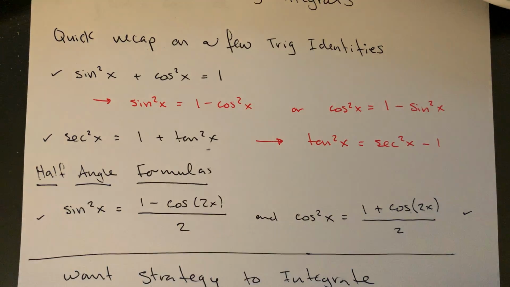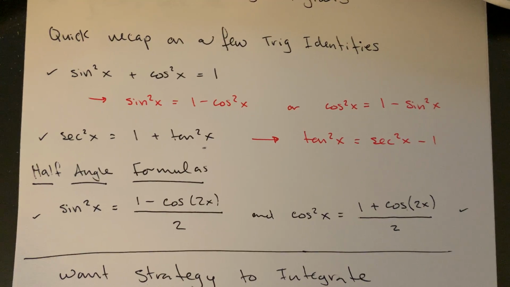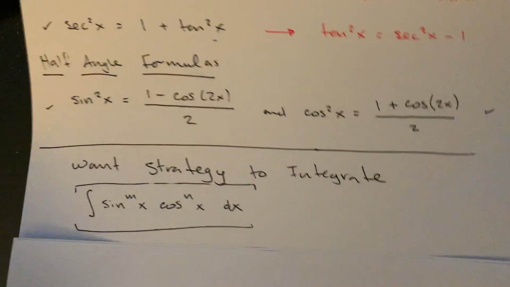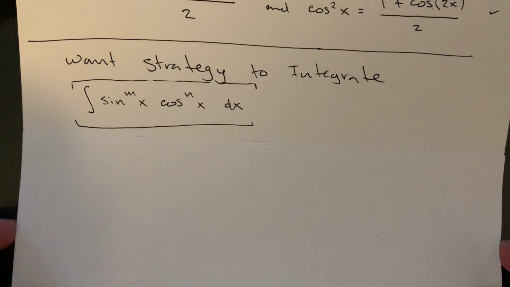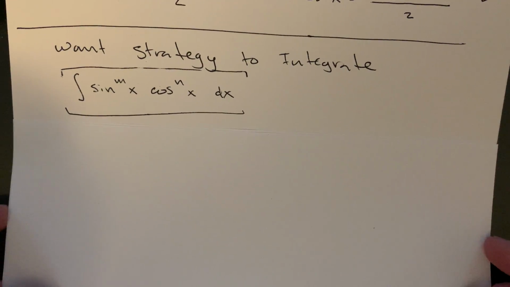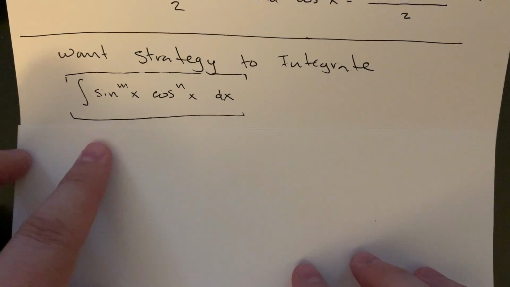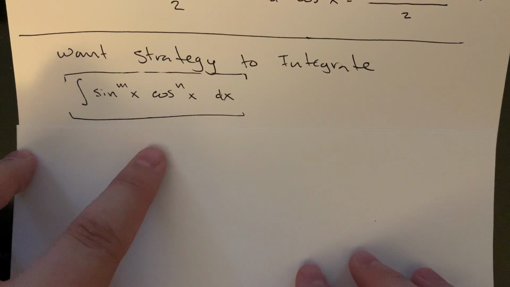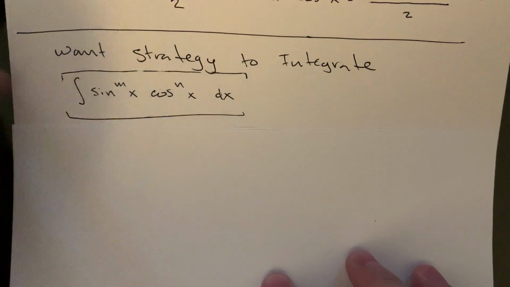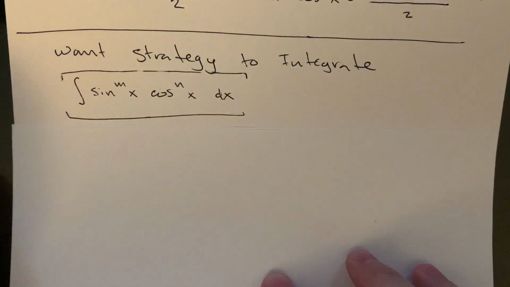So what we're trying to do in general is two things. First, we're trying to develop a strategy to integrate, to evaluate the integral of sine to the m of x times cosine to the n of x with respect to x, dx.